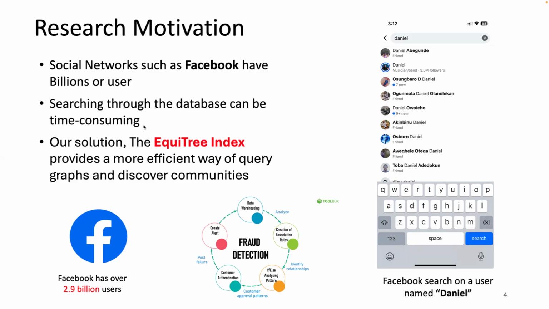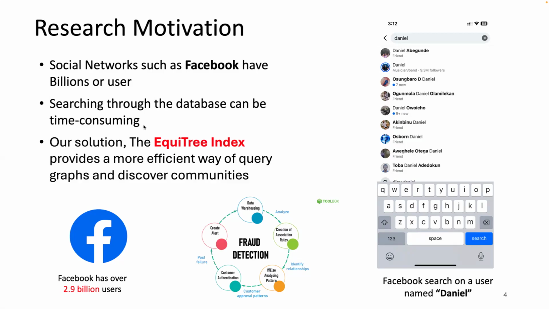In order to be able to search, we need a fast way of searching individuals or persons in a database. Take for example Facebook that has 2.9 billion users. If we don't have a way to search efficiently, if I search Daniel, it may take me hours to get that result because there's no efficiency and because the database is large.